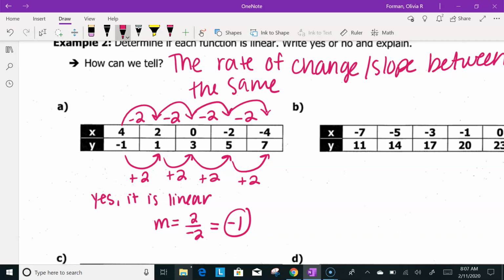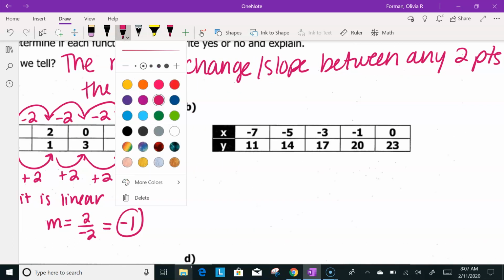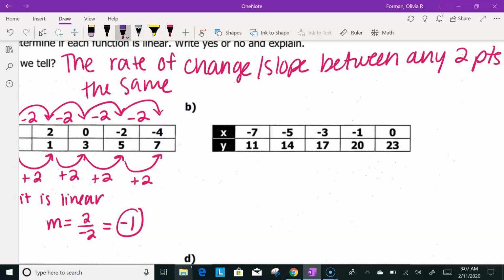If you move on to letter B, I'm going to go through that same process. So to go from negative 7 to negative 5, I'm adding 2. To go from negative 5 to negative 3, I'm adding 2. To go from negative 3 to negative 1, I'm adding 2. To go from negative 1 to 0, I add 1.